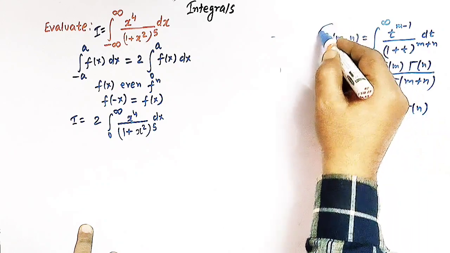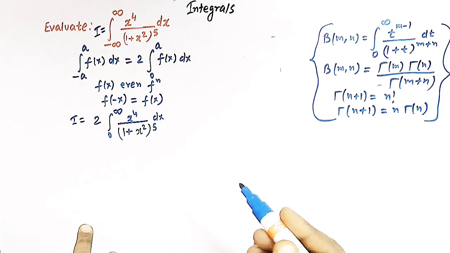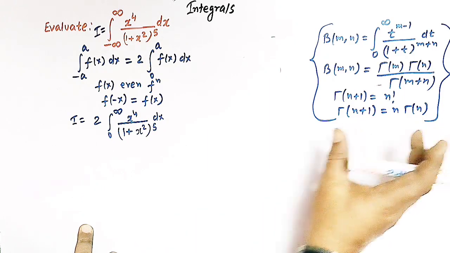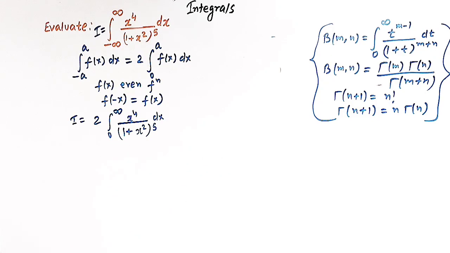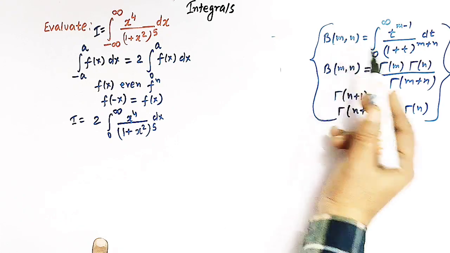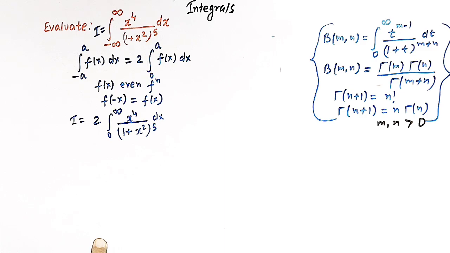So these are some important results from the theory of beta and gamma functions which are going to be used to solve this integral, and moreover here m and n are greater than 0.